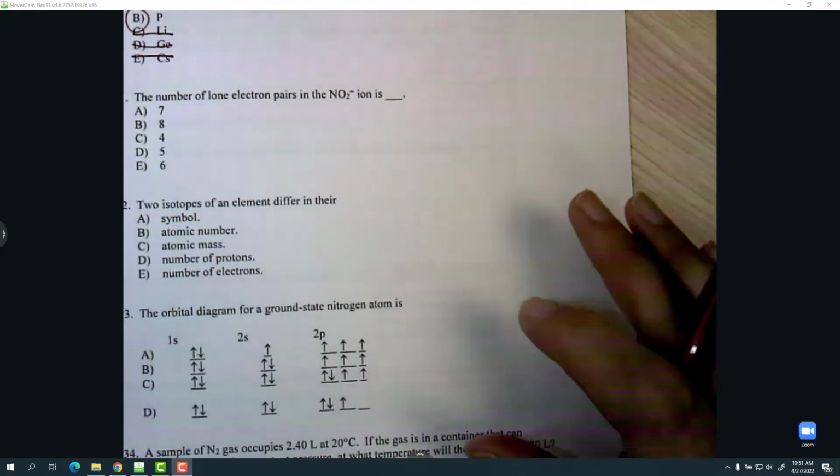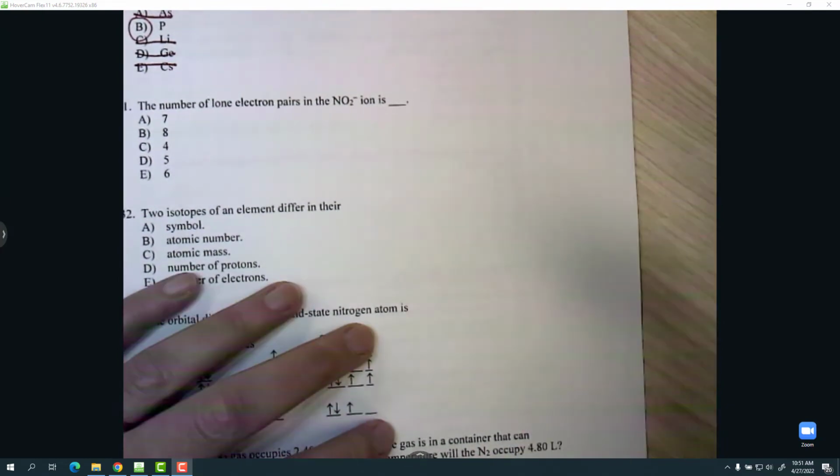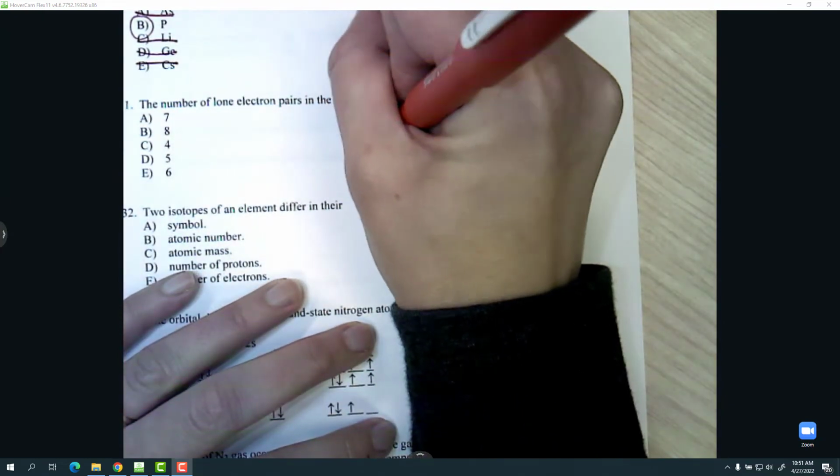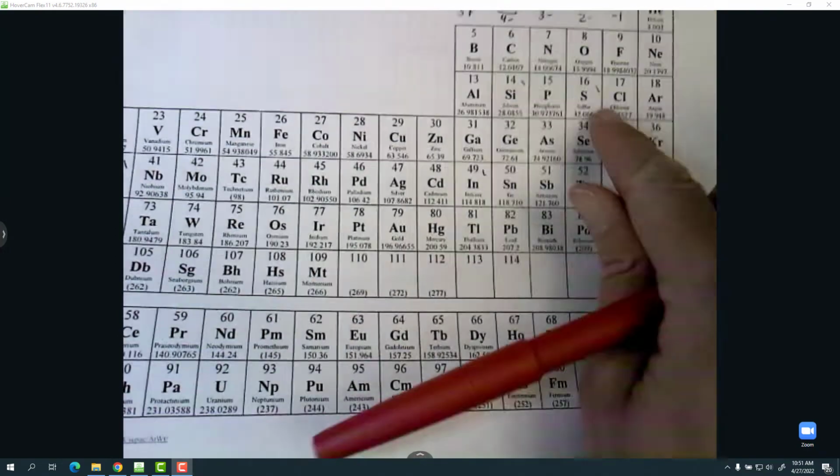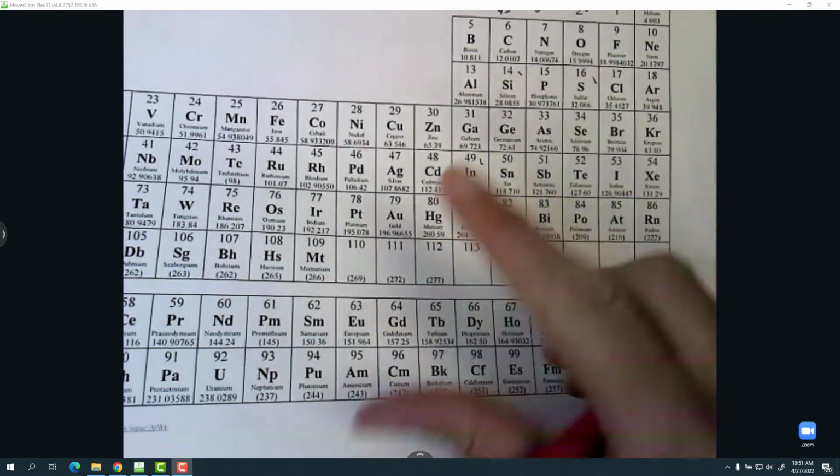All right, the number of lone pairs in the NO2 minus ion. All right, so NO. Remember, nitrogen is a little less electronegative than oxygen, so it should go in the middle. Complete the octet on everything.